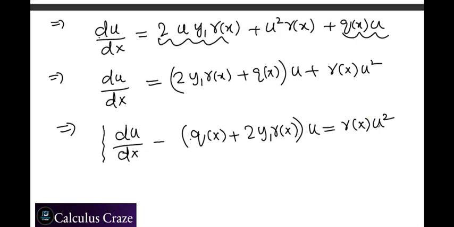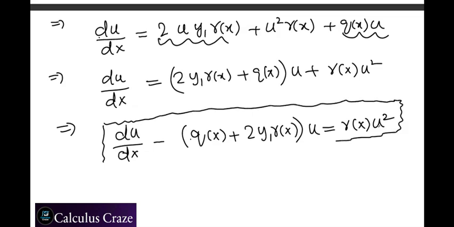So now you can see this equation is a particular Bernoulli equation for n equals 2.